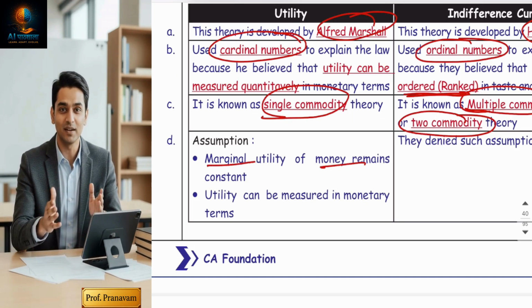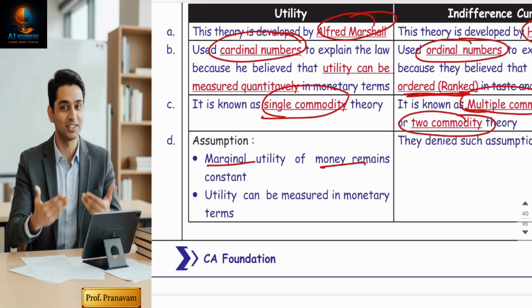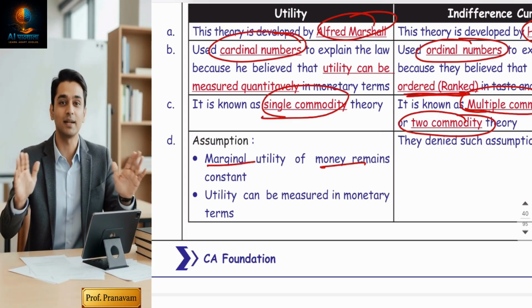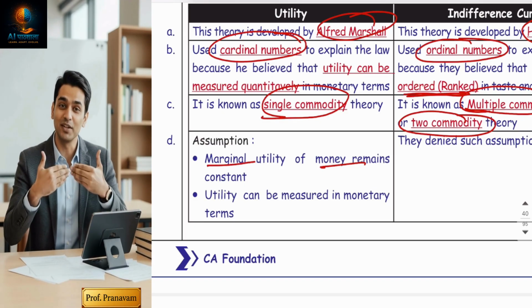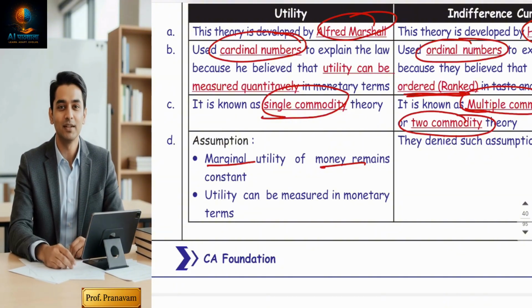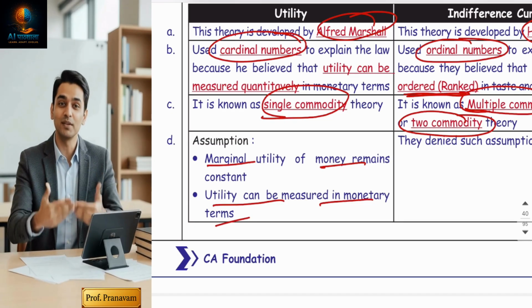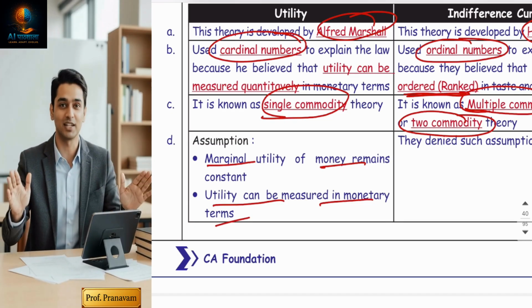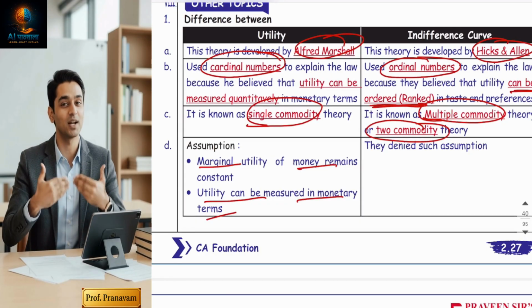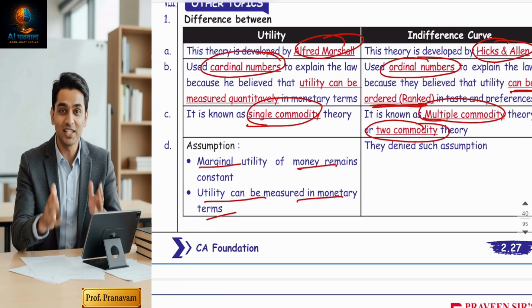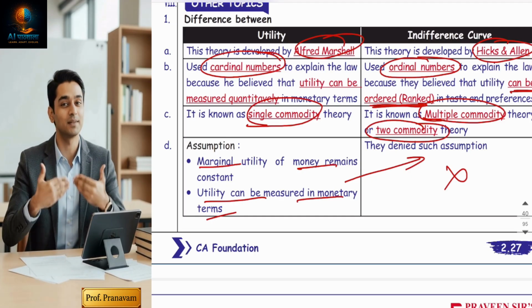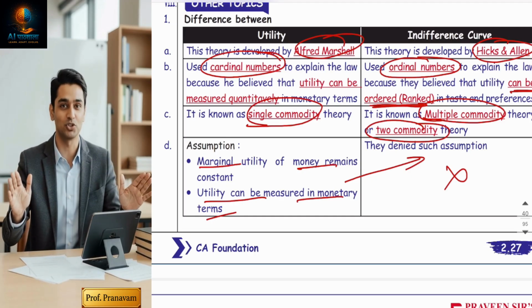Consumer surplus is the theory where your satisfaction level, your utils, has been converted into money, that to derive one util of satisfaction you can spend 1 rupee. But this is practically not possible. So utility can be measured in monetary terms and the marginal utility of money should remain constant. These are all unrealistic assumptions taken in utility, but in the indifference curve no such assumptions have been considered. So the indifference curve is a broader and more realistic concept.